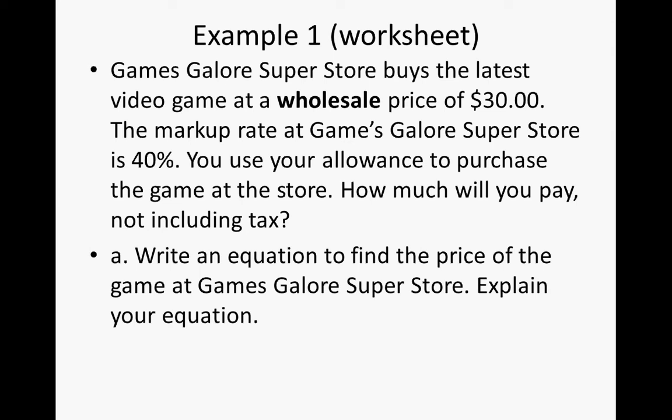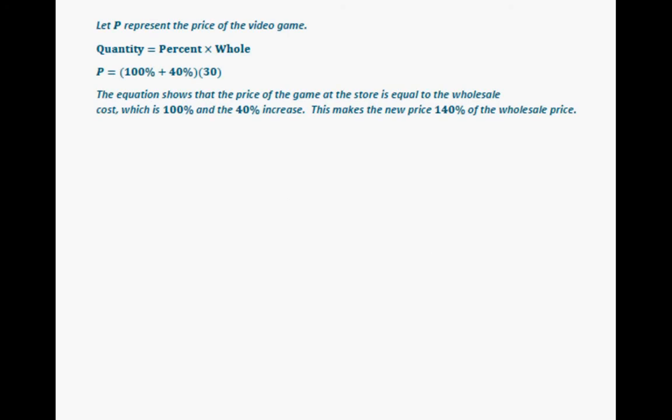So again, going back to your notes, look at which equation is going to fit the situation. So you can pick any variable, but they've decided to let P represent the price of the video game. And then using our equation, quantity is equal to percent times whole. P is going to be 100% plus 40% times 30. Now remember, this matches with the 1 plus m.